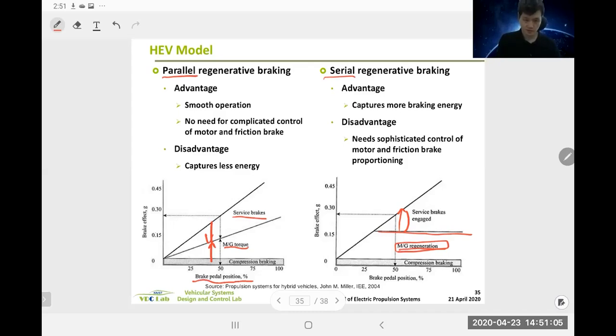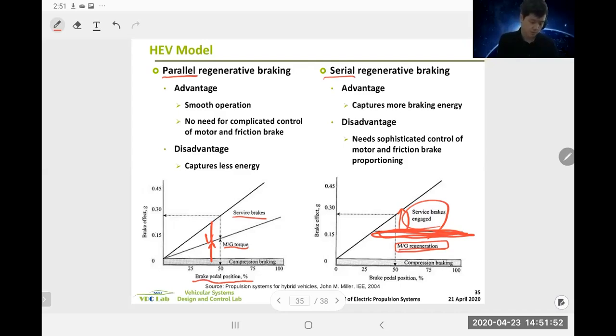But the disadvantage of the serial approach is that around this boundary, when friction brake comes in, you might feel some vibration, or you may not feel comfortable with the braking feel, because the service brake will start engaging, and that can introduce some disturbance.